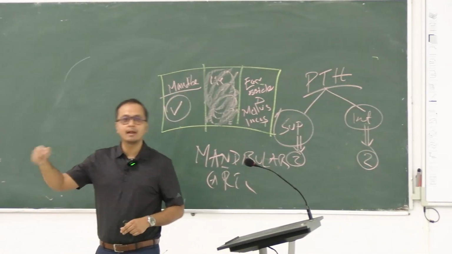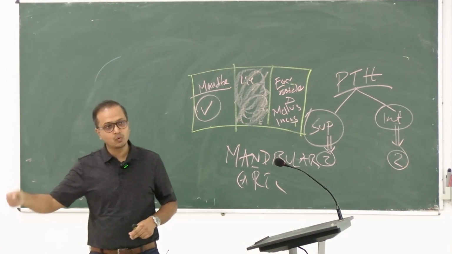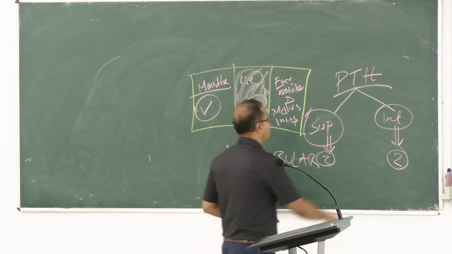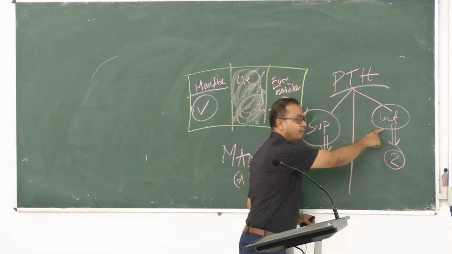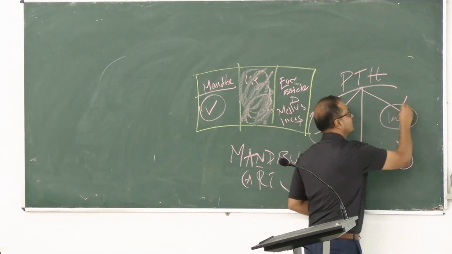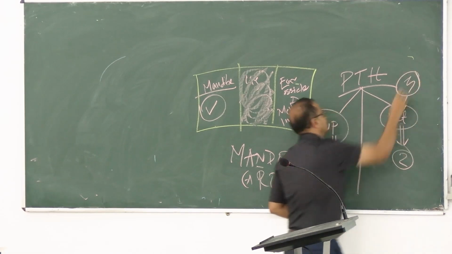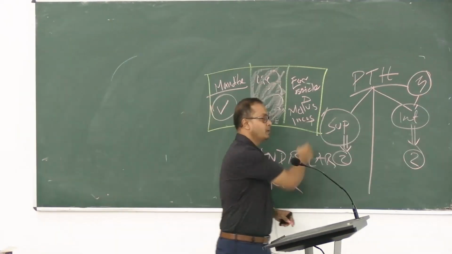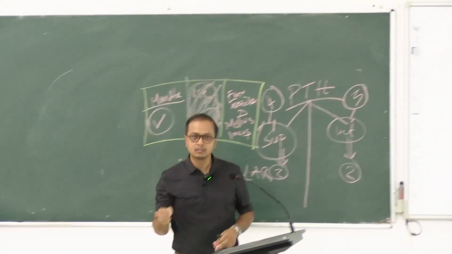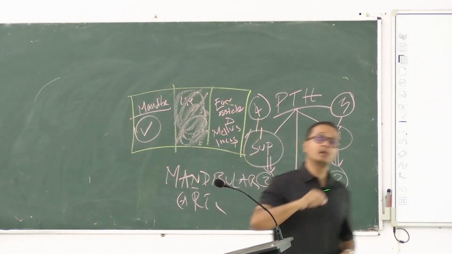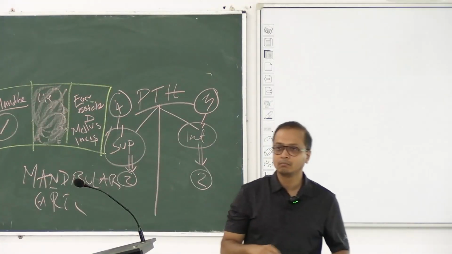The superior and inferior parathyroid glands develop from different sources. The inferior parathyroid gland develops from pouch number 3 and the superior one develops from pouch number 4. This is what you have to keep in mind. This is a super important MCQ region.